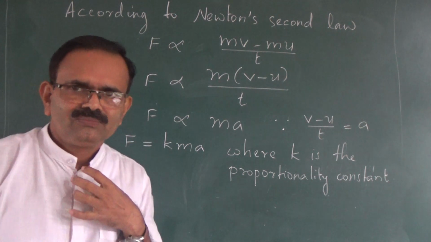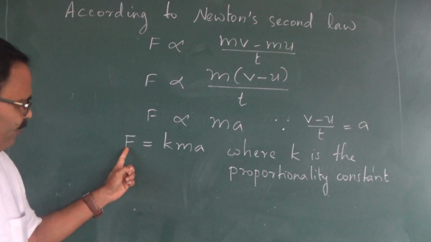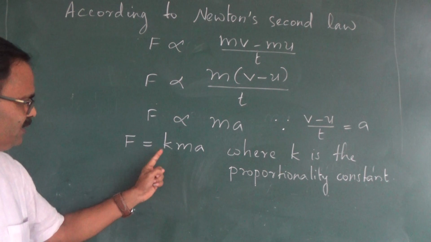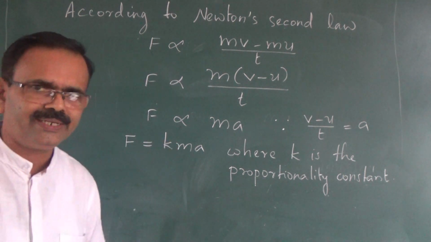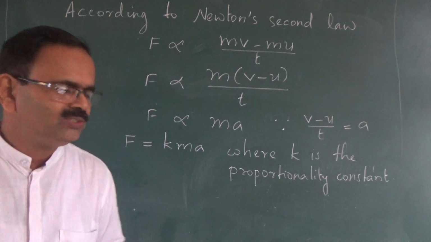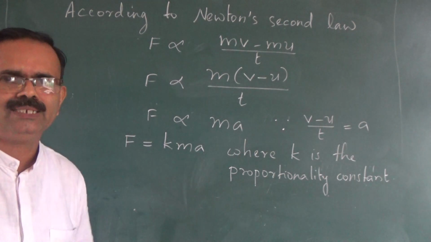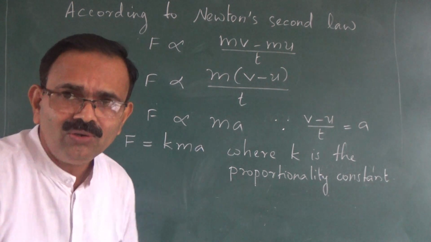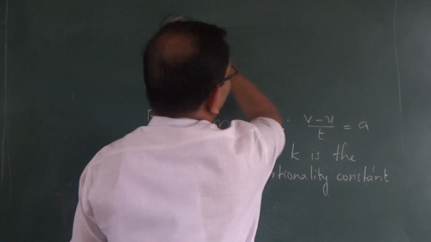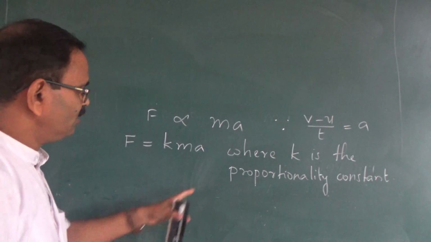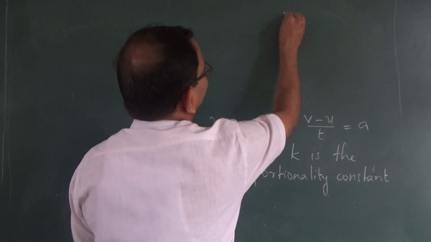Now, F is the force, k is a constant, m is mass and a is acceleration. We know the units of mass and acceleration. Unit of mass is kg.